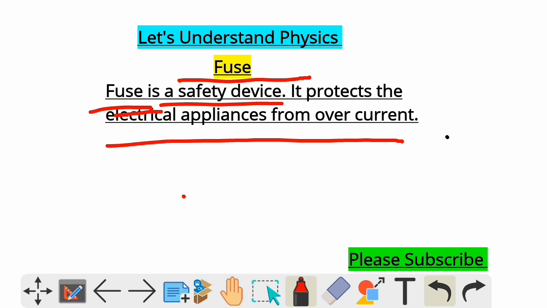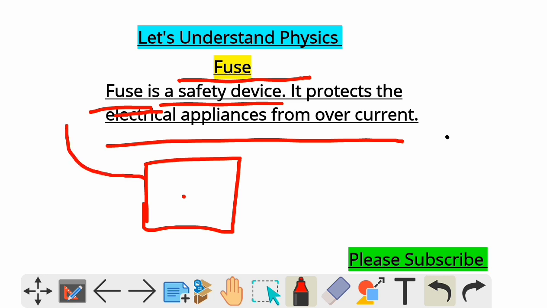Where is the fuse connected? If you have observed, you will have supply mains. From the transformer for supply mains, you will have electric power supply coming, isn't it? So you have phase wire and neutral wire.